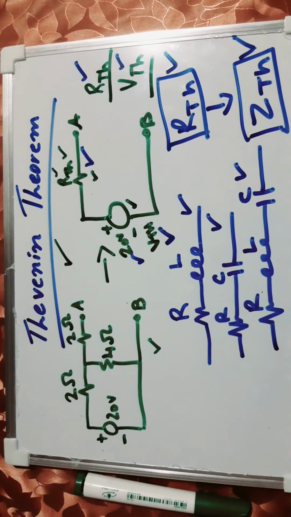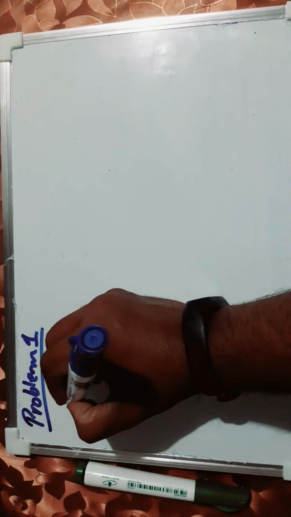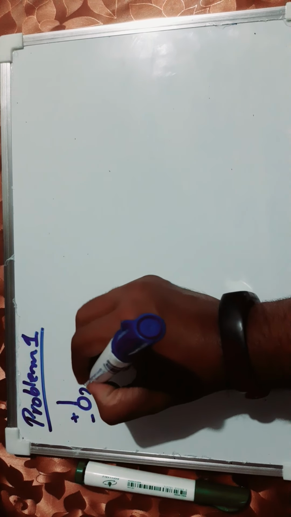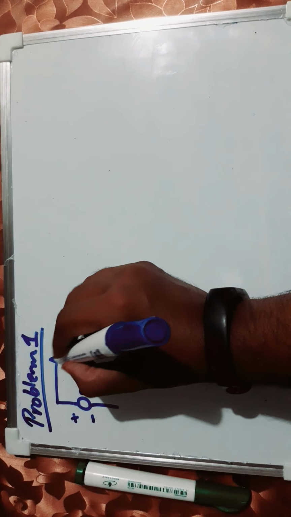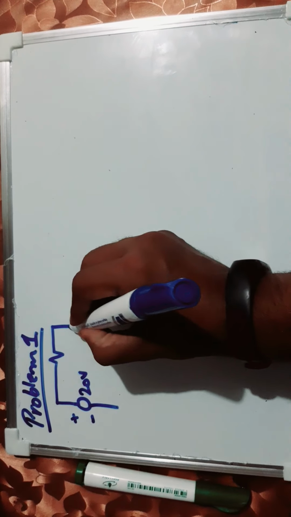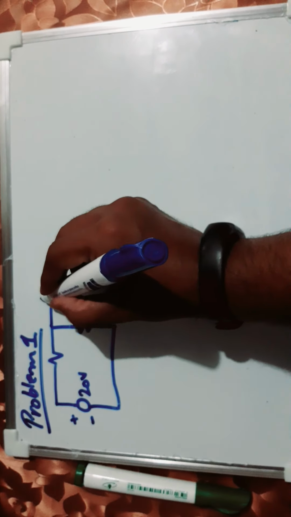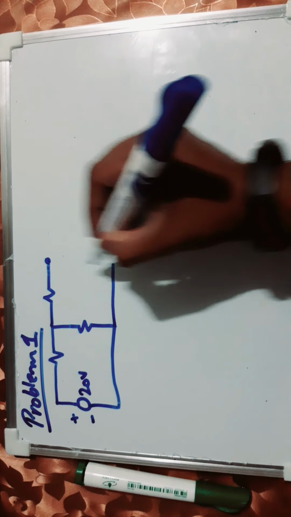So let's start our first numerical. So the problem 1 is, we are having one voltage source, one resistance, second resistance, and third resistance.